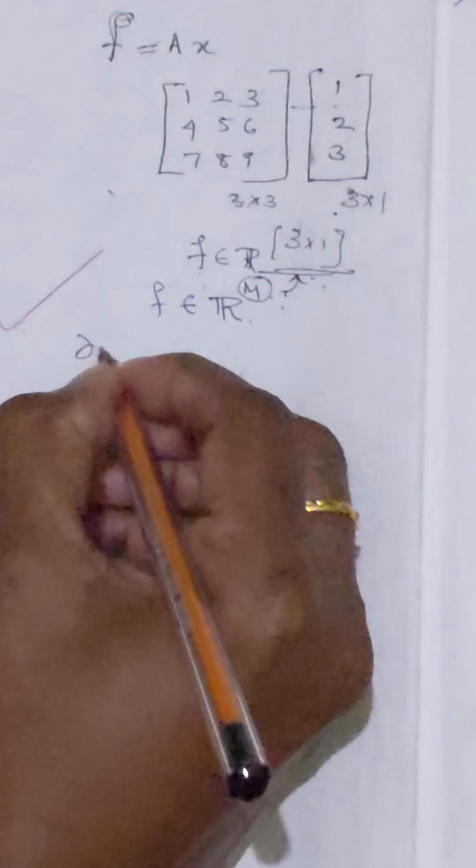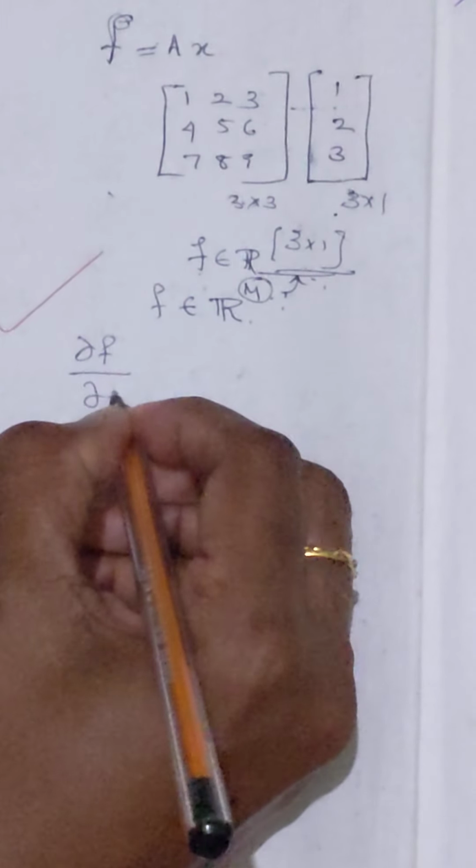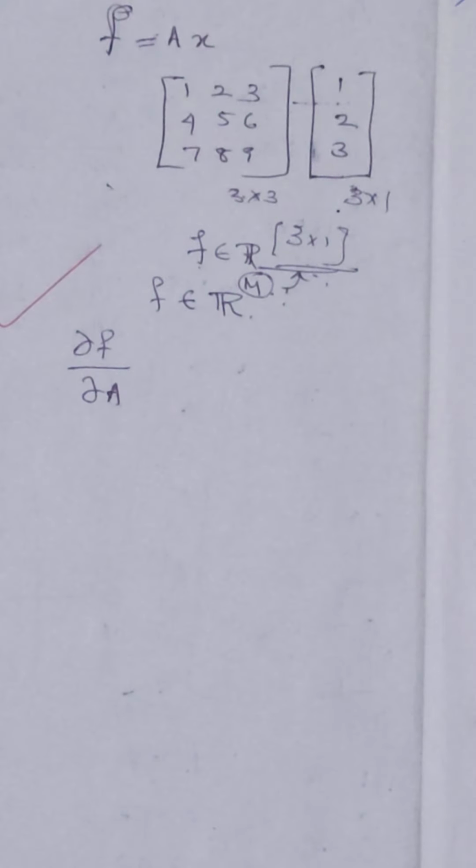So our task is to differentiate this f with respect to A. F is a vector, A is a matrix. So what will be the dimension?